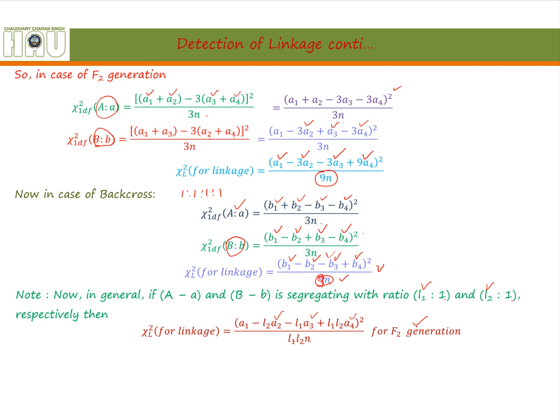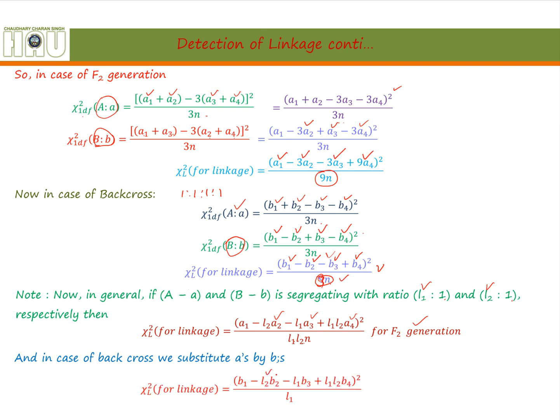And in case of back cross, this journal formula is, I substitute A's by B's, like linkage B1 minus L2 B2 minus L1 B3 plus L1 L2 B4, divided by L1 L2 n for back cross.